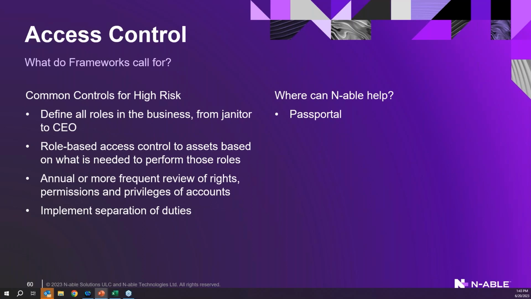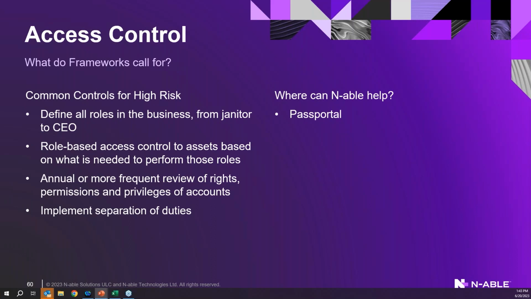And then whenever we get up into the high risk, they want you to start defining these access controls based on the roles in the business. So the functional role of individuals, whether they're the janitor or the CEO, what are their responsibilities? What do they need access to?